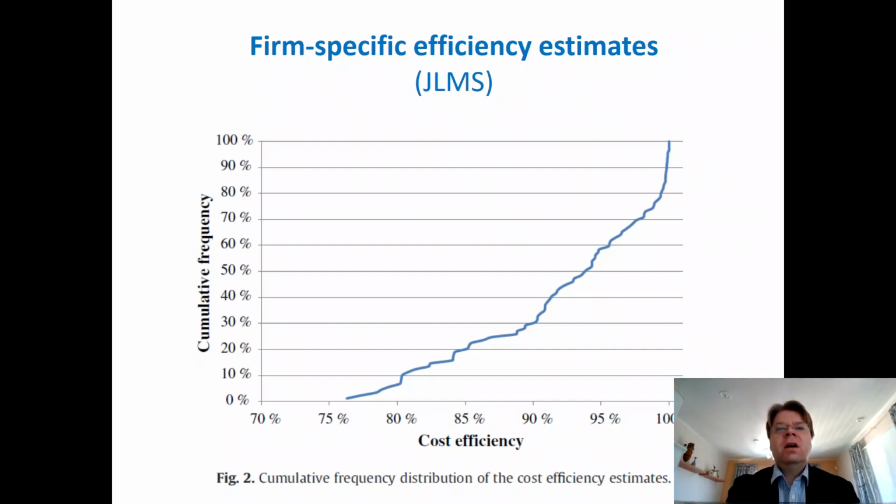So here in this diagram, I have illustrated the distribution of the firm-specific efficiency estimates. So here on the horizontal axis I have cost efficiency, and this is the cumulative frequency distribution of these estimates.